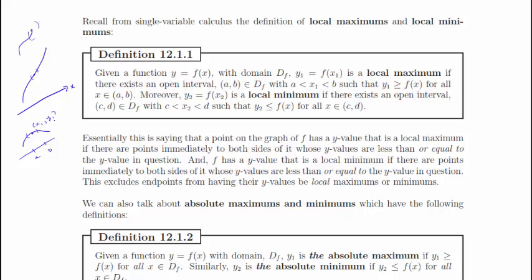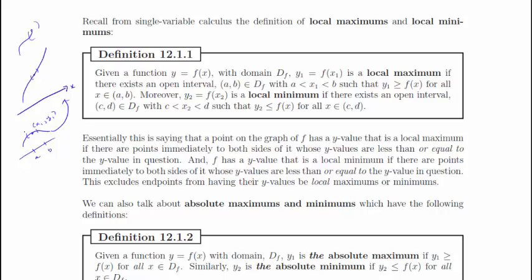Now, we're not saying that it's the largest y value on f of x, because this function could come up and have higher y values over here, but if I can create a space where that happens, where it's the highest y value in that open interval, then we win, and symmetrically for local minimums.